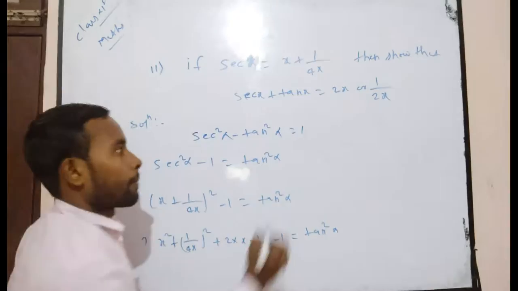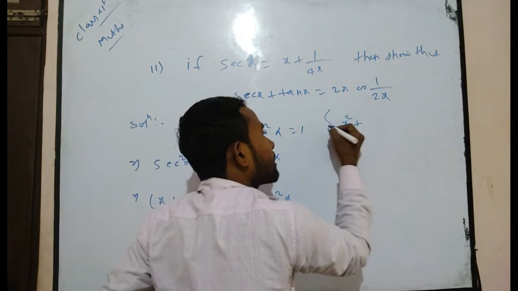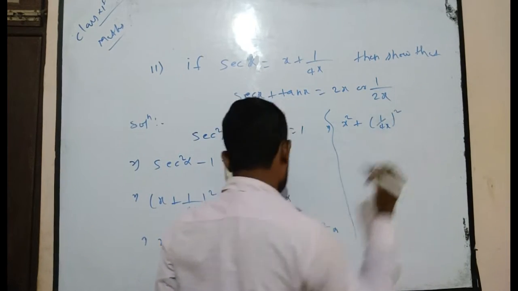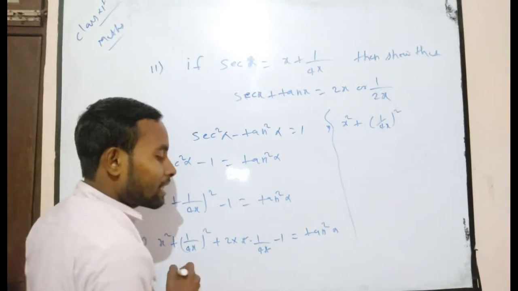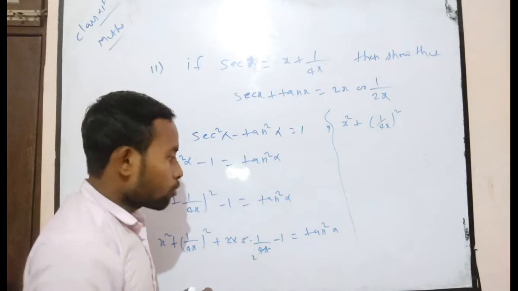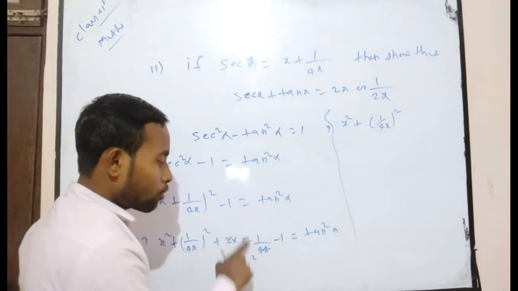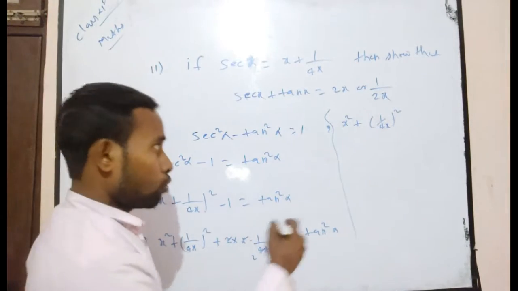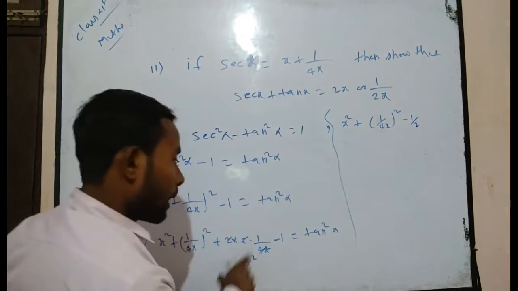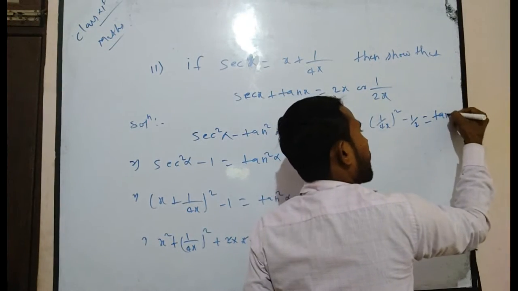If you take all terms in a similar way, x square plus 1 upon 16x square, and after cancelling, 2 times x into 1 upon 4x by 2 cancel, finally you get 1 by 2 minus 1, that will be minus half, because 1 upon 2 minus 1 will be minus half. Finally you can write it as tan square alpha.